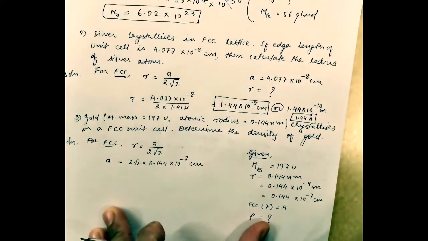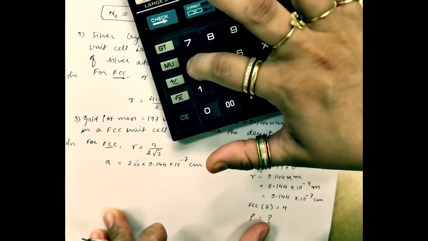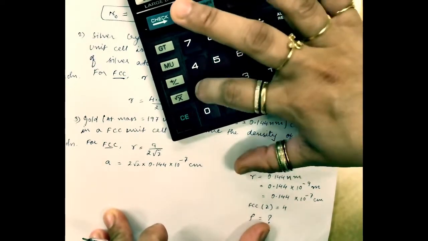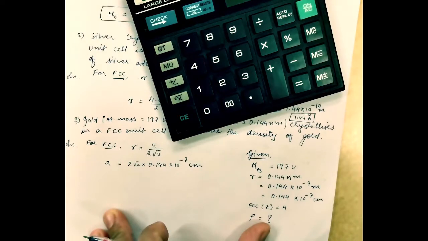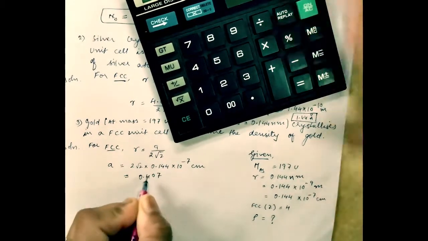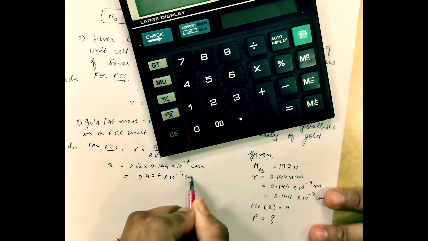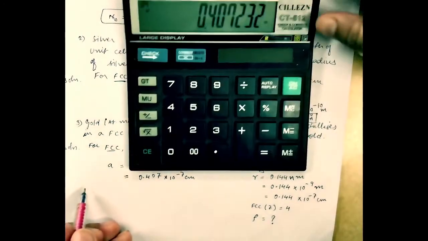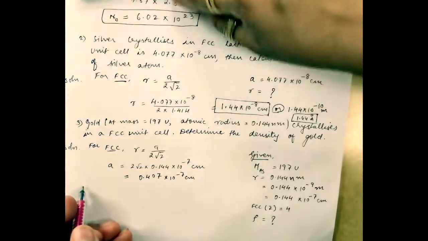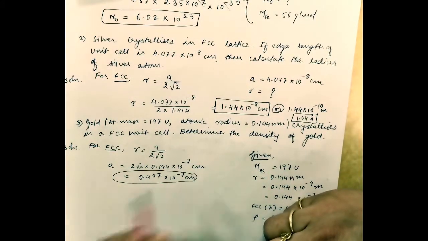Calculating this, 2 into 1.414 into 0.144, comes out to be 0.407 into 10 to the power of minus 7 centimeters. You can see on the calculator the value comes out to be this for your edge length A. So this was your initial need to solve the density.